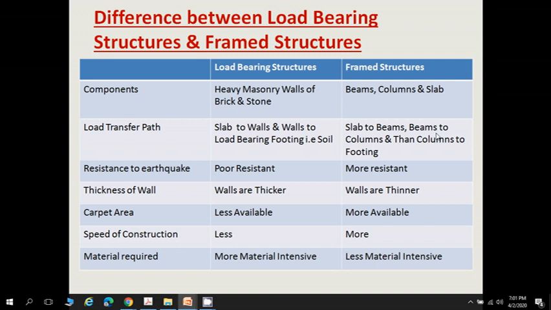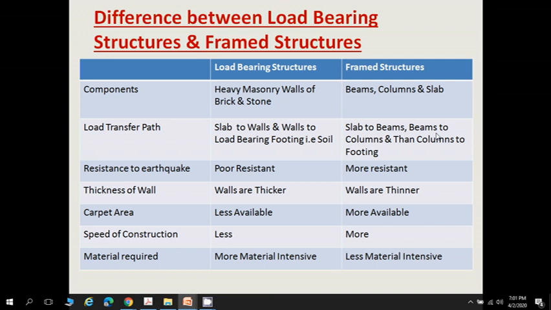Now, what is the resistance to earthquake? If these two types of structure are subjected to an earthquake, how will they behave? Load bearing structures have poor resistance to earthquake or lateral loading, whereas framed structures are more resistant to earthquake loading. Why?